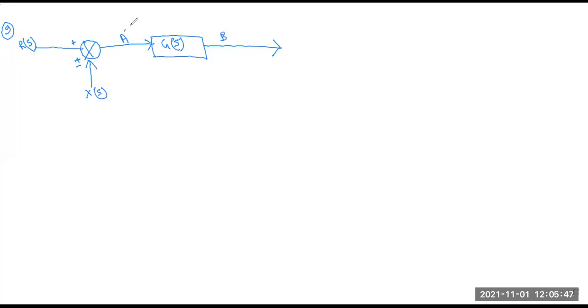Previously, C(s) is the output of the control action. We can easily solve the input and output relation as a transfer function ratio. Here there are two input signals, R(s) and X(s).